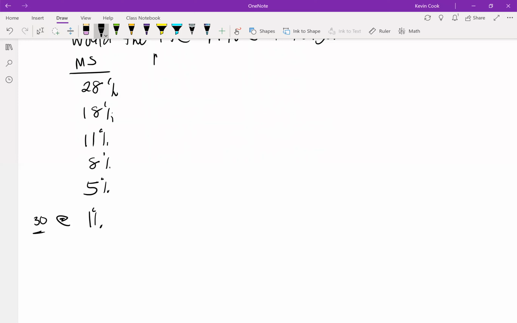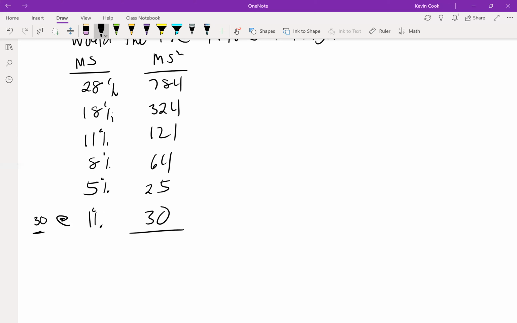So our market share squared in this case is 784, 324, 121, 64, 25, and 30. Which gives us an initial HHI equal to 1348.